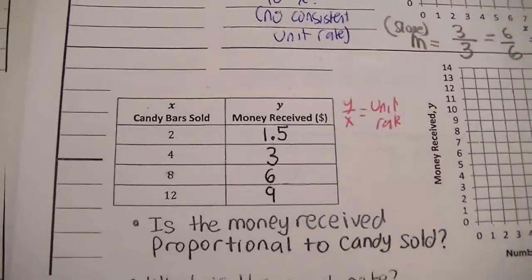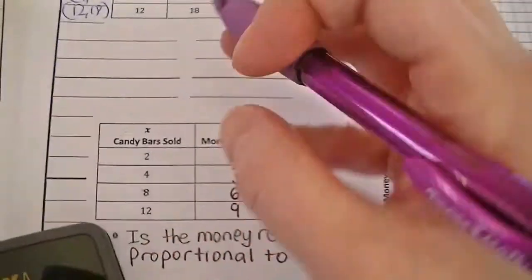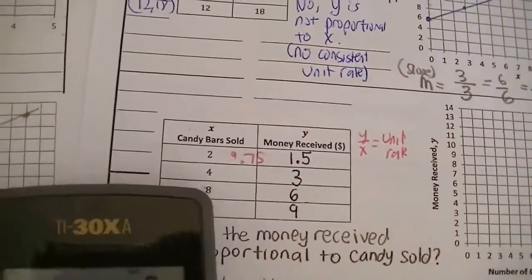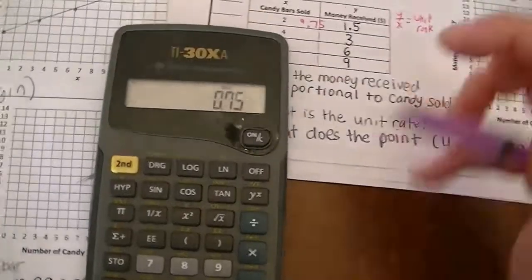So I'm going to go 1.5 divided by 2. 1.5 divided by 2 is 75 hundredths. 3 divided by 4, 3/4 is 75 hundredths.